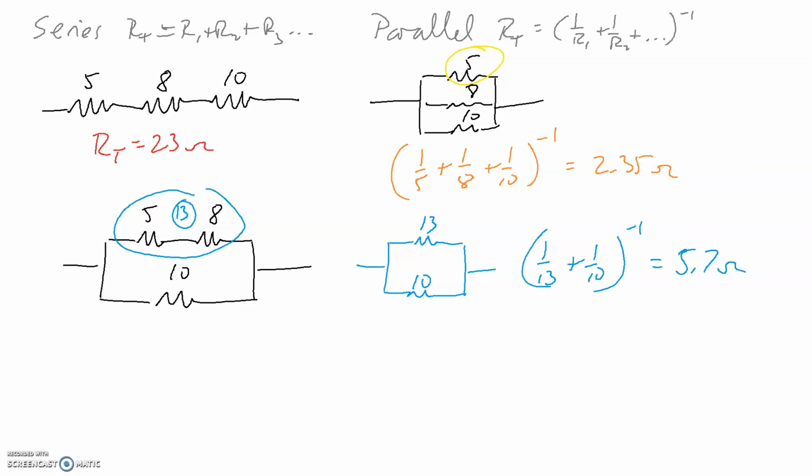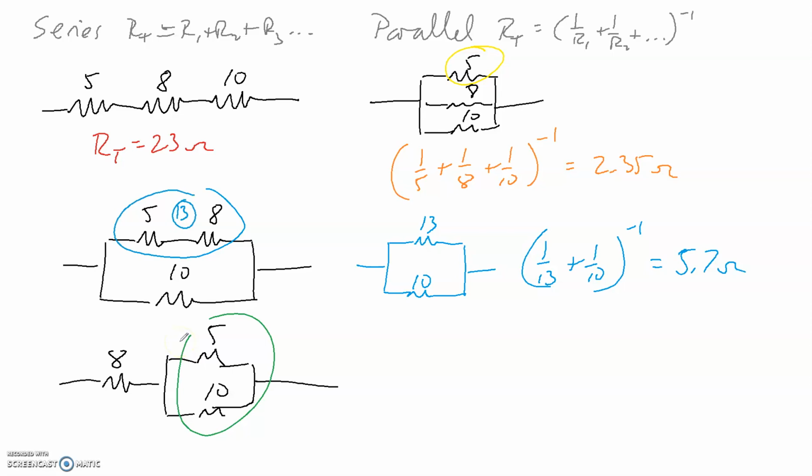Okay, what if instead those three resistors looked something like this? So let's say this is the 5, there's the 10, and there's the 8. Well, in this case, I'd want to put the 5 and the 10 together first, and they're in parallel with each other. So if I do the 1 over 5 plus 1 over 10 and add that up and then take the inverse of it, I can find the equivalent resistance of just those two resistors put together.